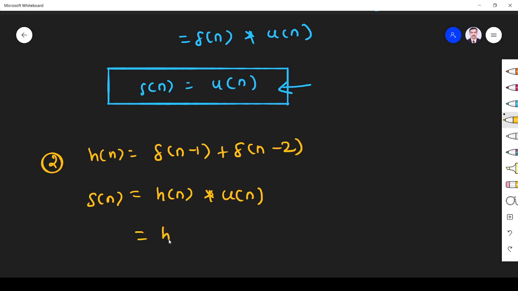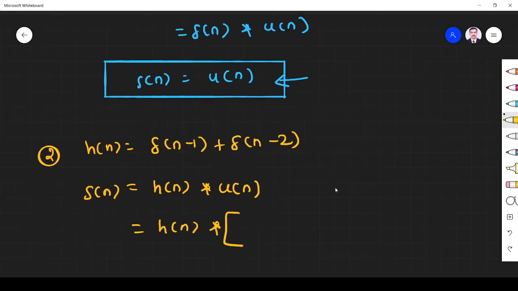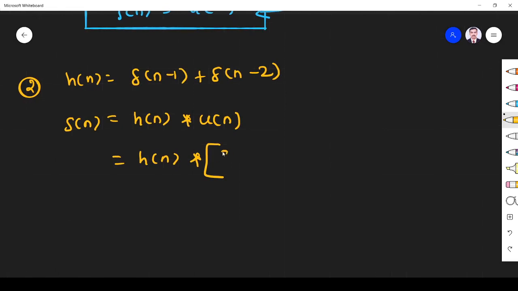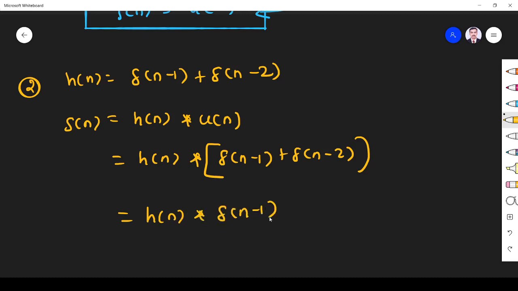Instead of h of n, we substitute del of n minus 1 plus del of n minus 2, and we can use the associative property of convolution: u of n star del of n minus 1 plus u of n star del of n minus 2.